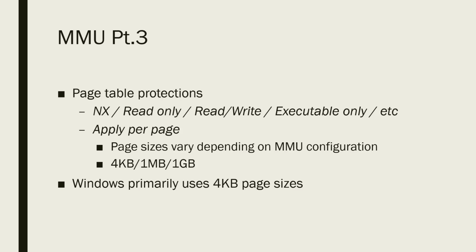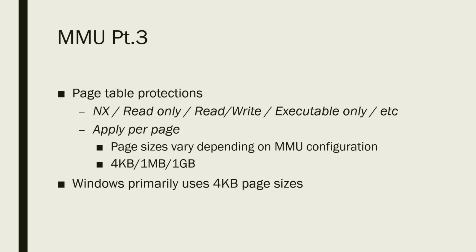So for example, on x86, there are 3 page sizes: 4 kilobytes, 1 megabyte, and 1 gigabyte. Some architectures have different page sizes. ARM will have a different set of page sizes that it can support, which may overlap with x86, but may also differ. Windows primarily configures the CPU to use 4 kilobyte page sizes for the most part.